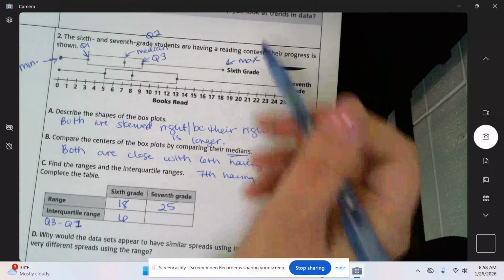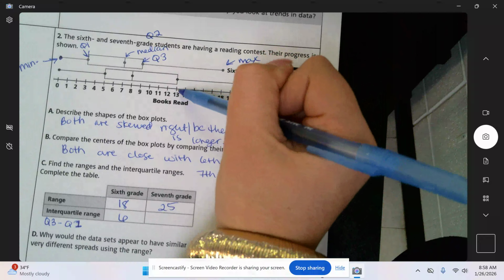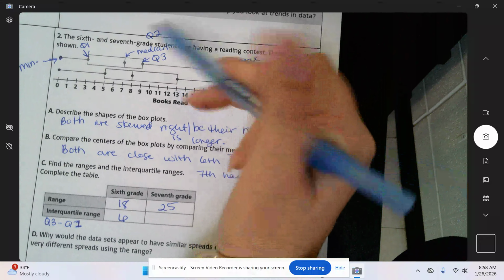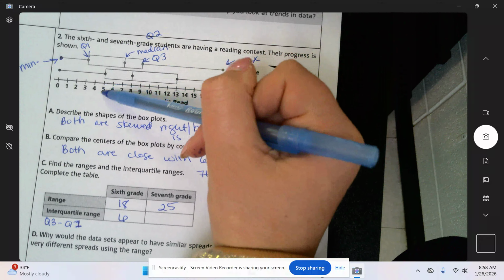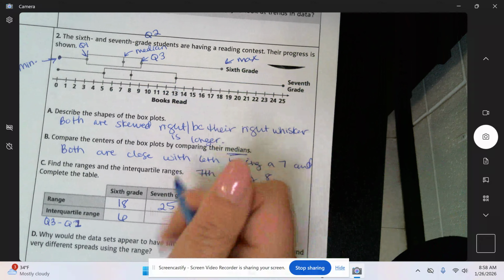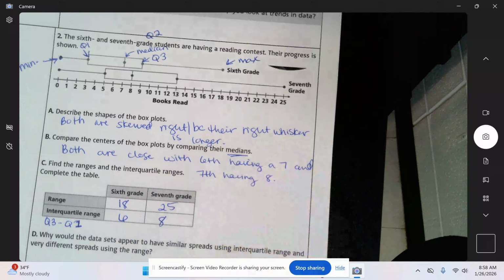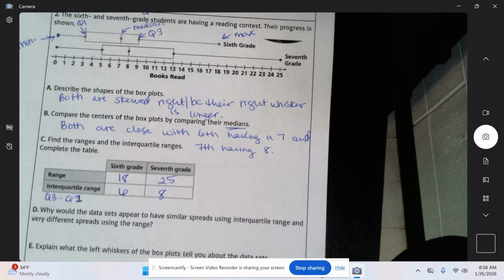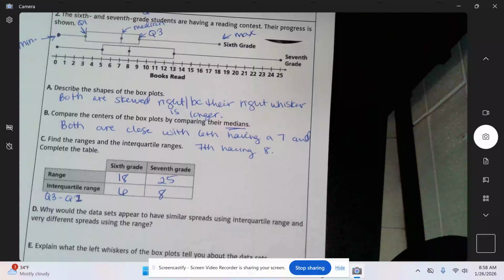For 7th grade, your Q3 was 13. Your Q1 was 5. 13 take away 5 is 8. Okay, we're going to skip these two for now. Move it on. Last page.